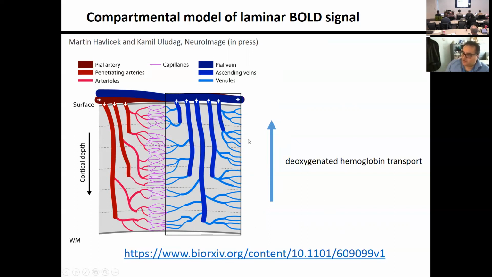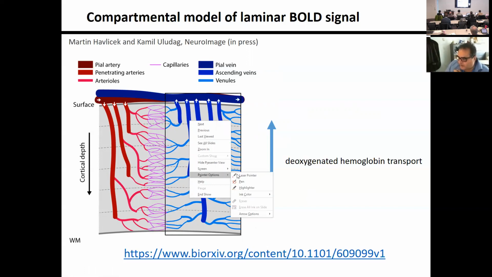And in gradient echo BOLD, what we are measuring is essentially the deoxygenated part of the vasculature, so mainly these ascending veins and the venules. And we have deoxyhemoglobin transported upwards, which means if we have activation in, say, this layer, the deoxyhemoglobin is transported via this vein. Sorry, I think my pointer went away.